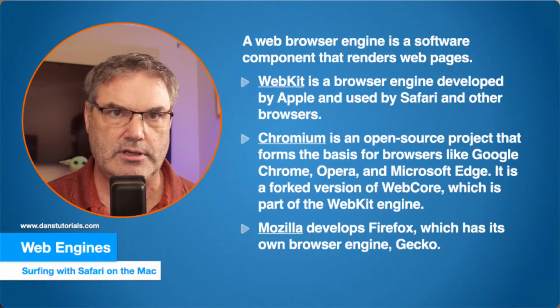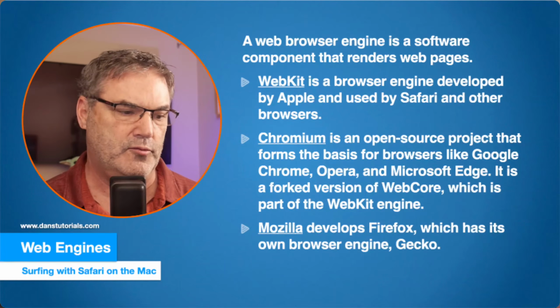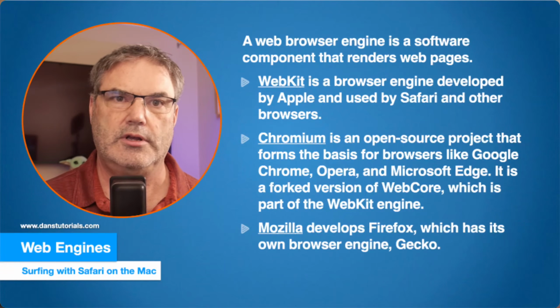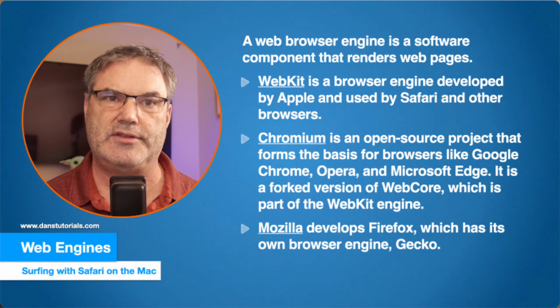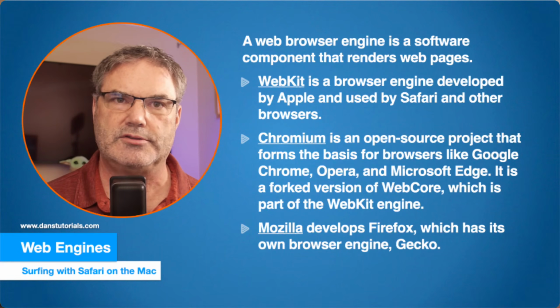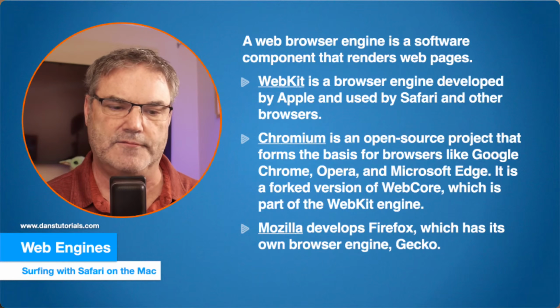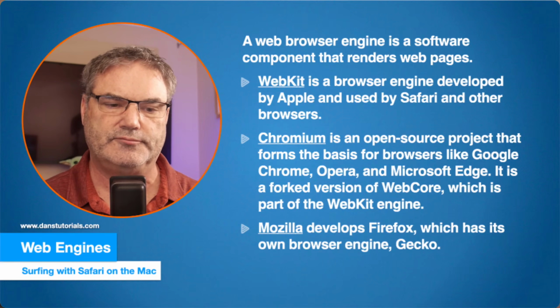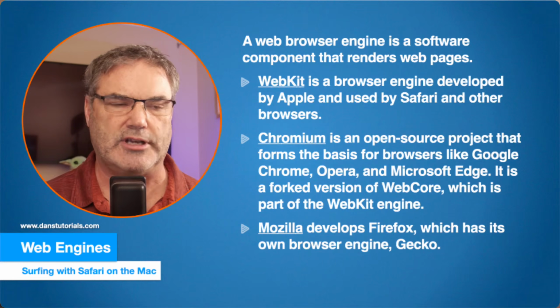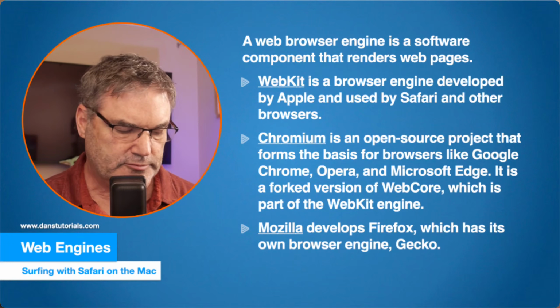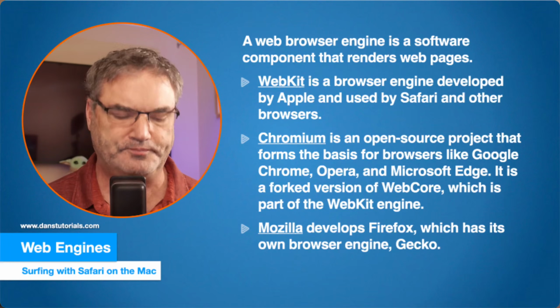It's basically what renders a website: when my website creates code, the engine translates that code and shows you something on the screen. So it's what drives and renders that website. Safari came out with WebKit.